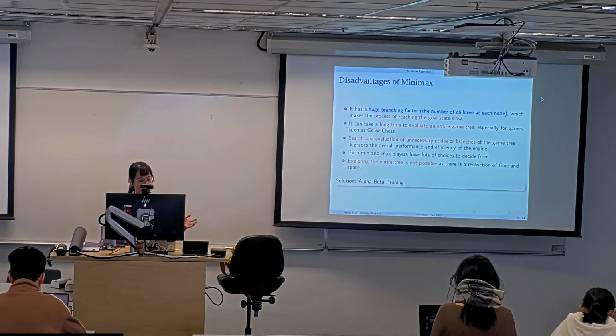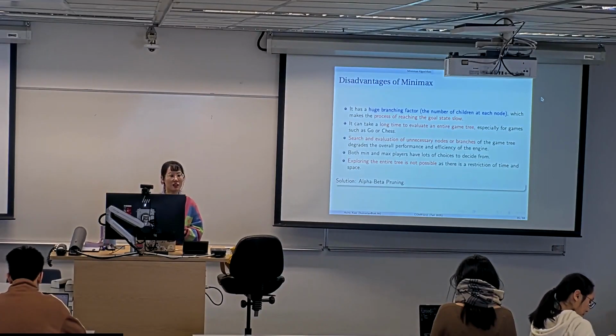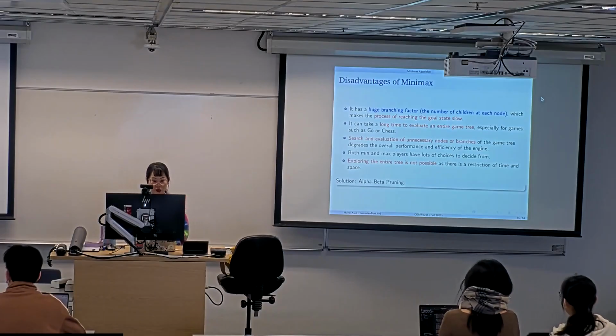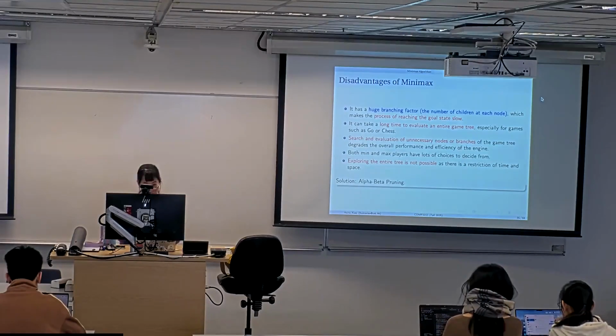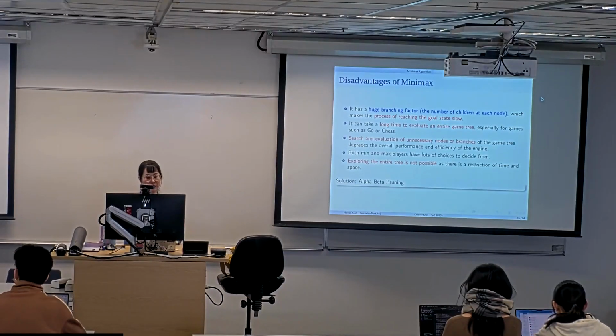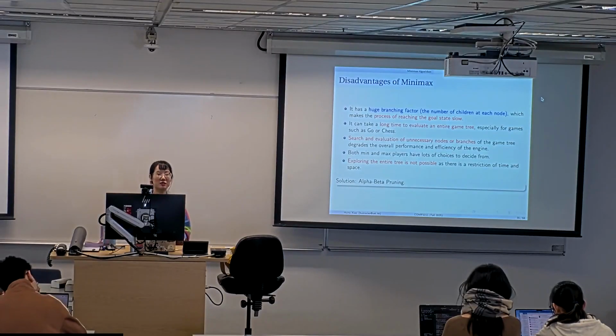Because if there are unnecessary nodes or branches, then definitely they will degrade the overall performance and efficiency of the engine. We already know that both min and max, the two players, have lots of choices to decide from. And usually exploring the entire tree is not possible, because when we are playing games there is a restriction of time and space. We cannot have enough time to evaluate the whole game tree.